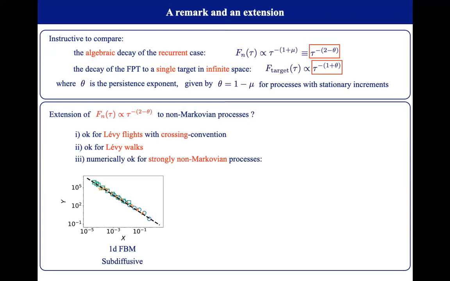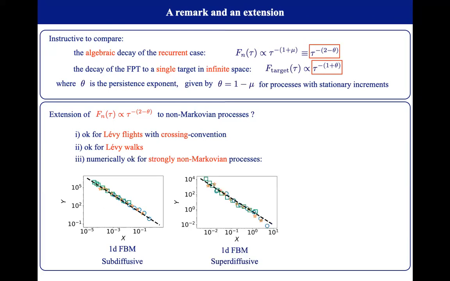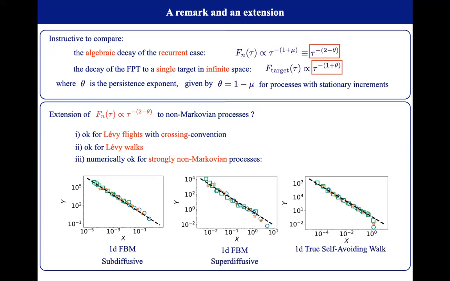We heard that it's very difficult to determine first passage times for fractional Brownian motion, but actually this algebraic decay we predict seems to be true, at least for one-dimensional fractional Brownian motion, both in the subdiffusive and in the superdiffusive regions. It's also true for the so-called true self-avoiding walk. So this time we have a random walker that deposits a signal along its walk.